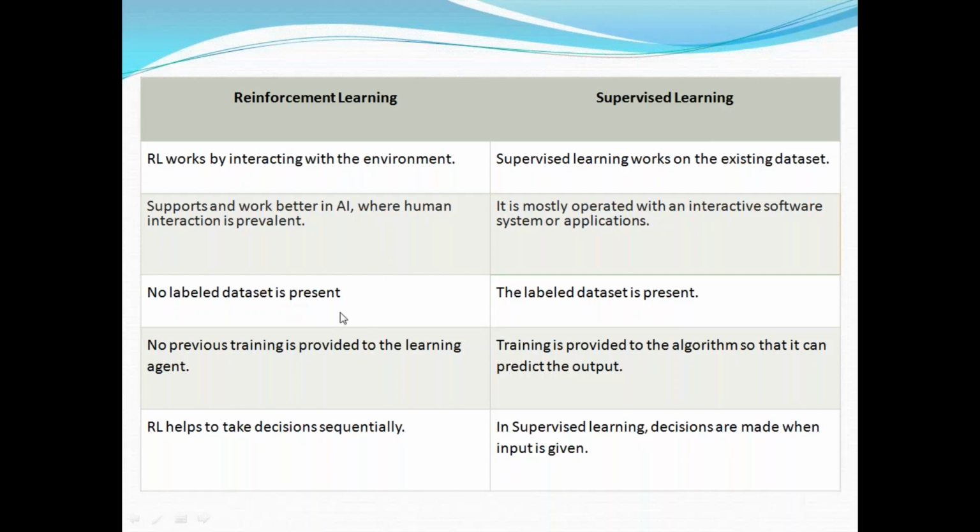Depending on the environment and whatever actions it takes, it will be trained and updated. In supervised learning, a labeled data set will be present. Here no previous training will be provided. The training can be provided only, but there won't be a specific output for each of the inputs. So it will be trained automatically and testing can be performed.